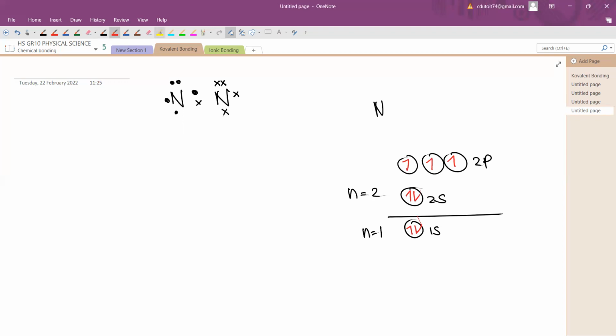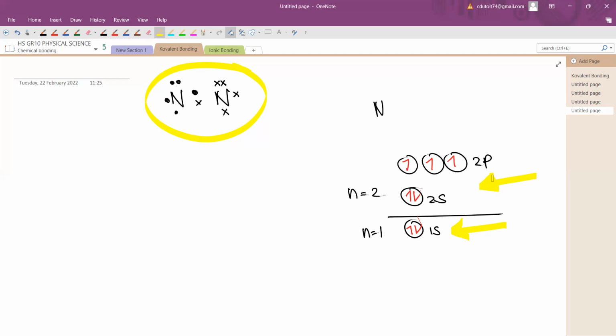But these electrons that are bonding in my Lewis diagrams are only my valence electrons. It's only the electrons in the outer shell that are actually partaking in the bond. In other words, these electrons in energy field number 1, they're not partaking in that covalent bond. It's only the electrons in the second energy field, or the last energy field, that partake in bonding.